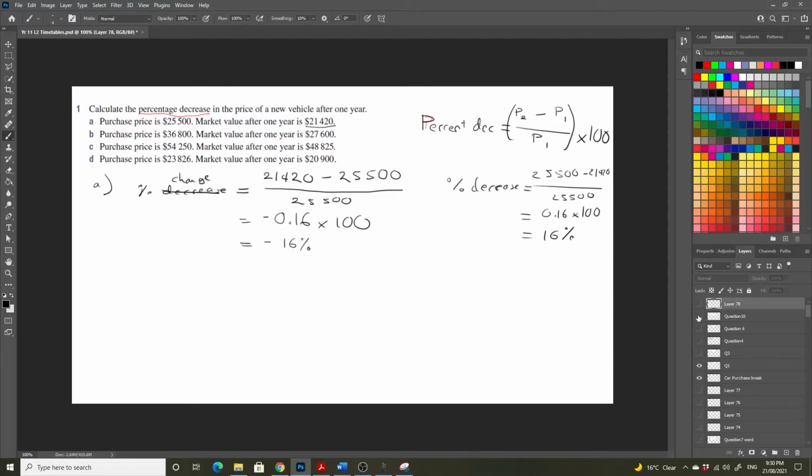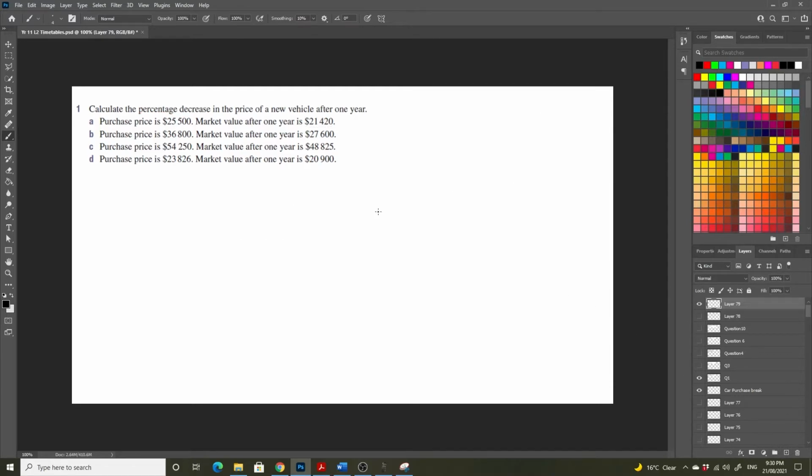Okay, so let's make some room for another one. And let's do B. Well, let's do percentage decrease. We'll just use the percentage decrease method. It is going to be equal to 36,800 minus 27,600 divided by 36,800, and all this we're going to multiply by 100 to convert the decimal into a percentage.